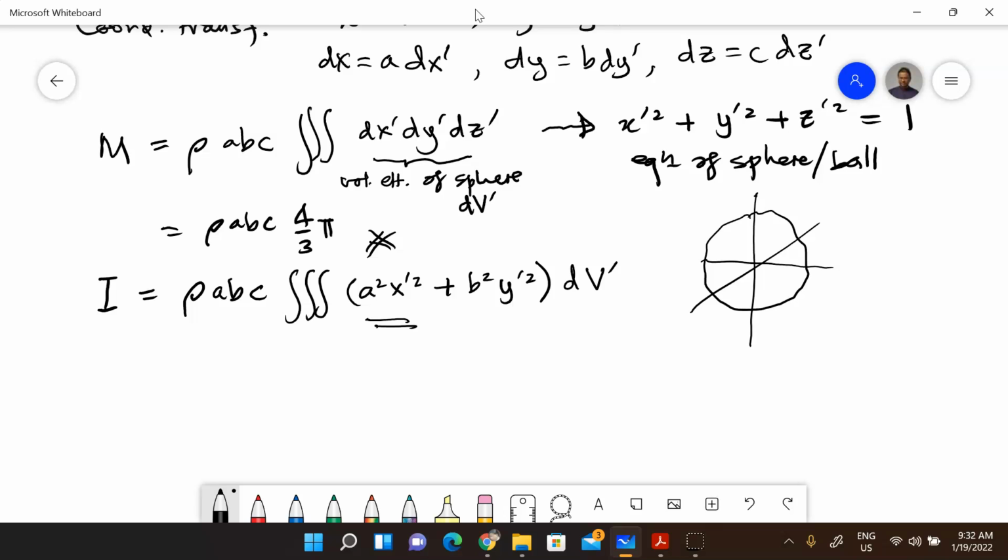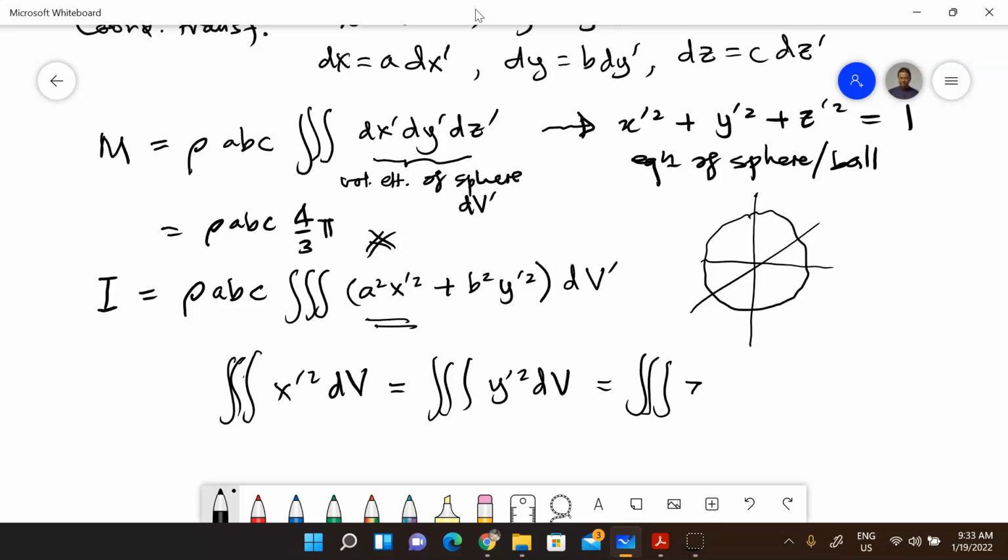So let's consider, for example, the triple integral of x dash squared dv, because of the symmetrical shape of the sphere, this should also equal y dash squared dv, and also the same as z dash squared dv.